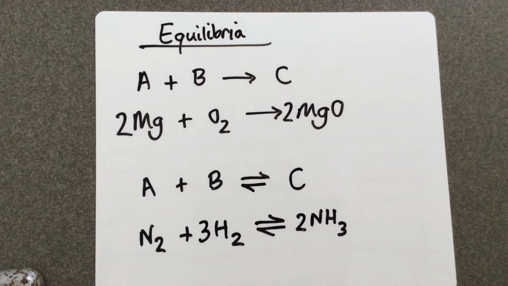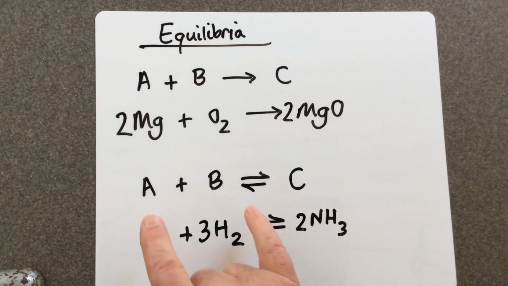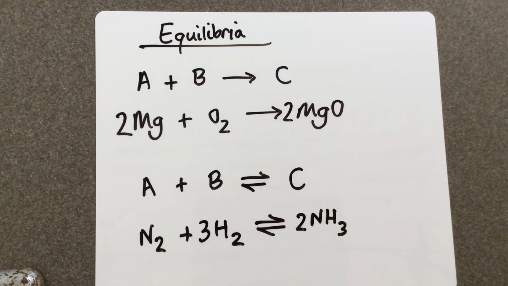But at some point in the future, as the reaction progresses and the concentration of the products is going up and the concentration of the reactants is going down, the rates of those two reactions, the forward and the reverse, will become equal. They will become the same as each other. And that's the point that we're interested in. That's the point when equilibrium has been reached.